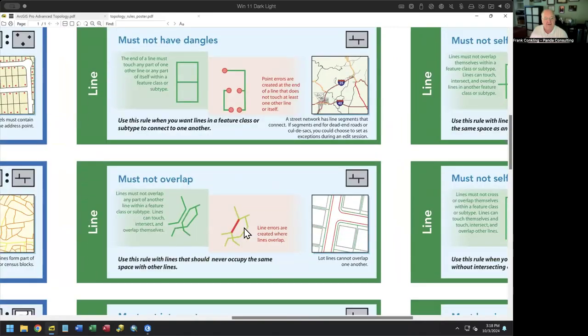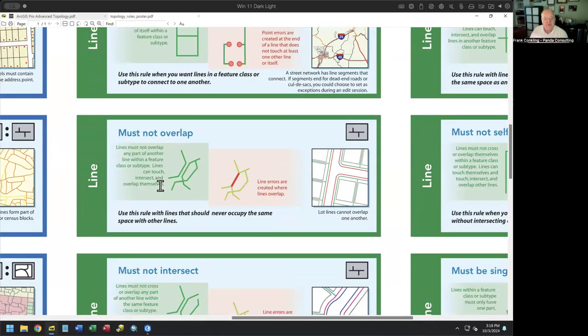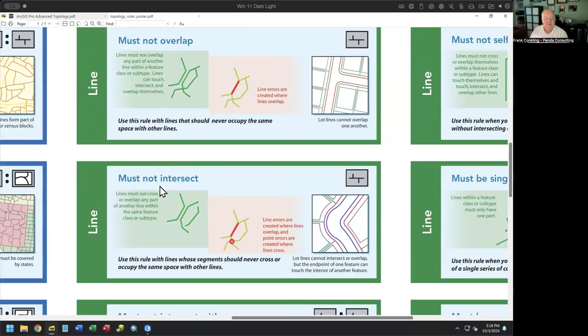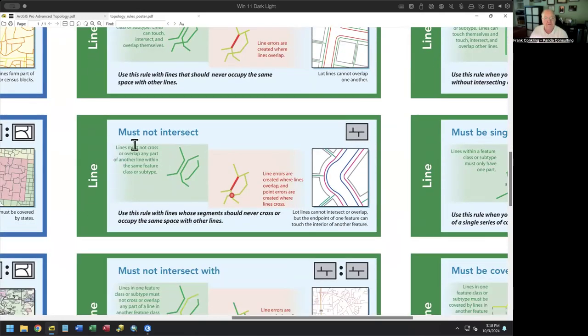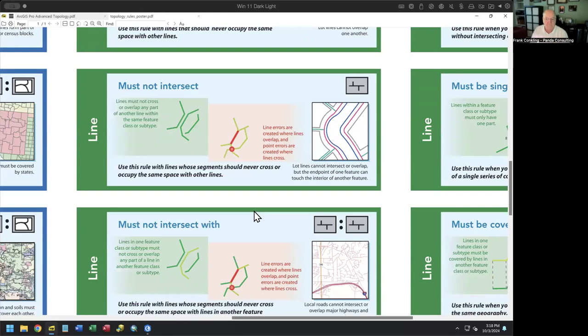So must not have dangles, must not overlap, meaning two different lines must not overlap over the same space. Must not intersect is the same thing where you've got two lines that must not intersect on here, okay? They can never cross or occupy the same space with other lines on there. That's a rule here.